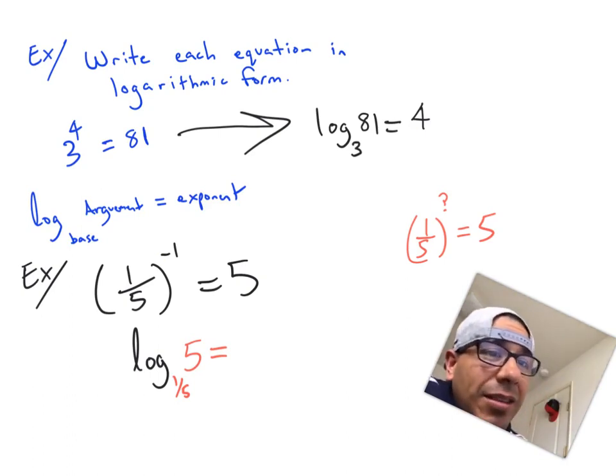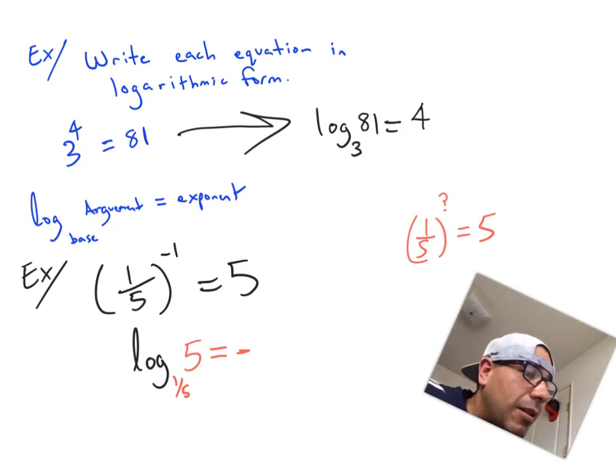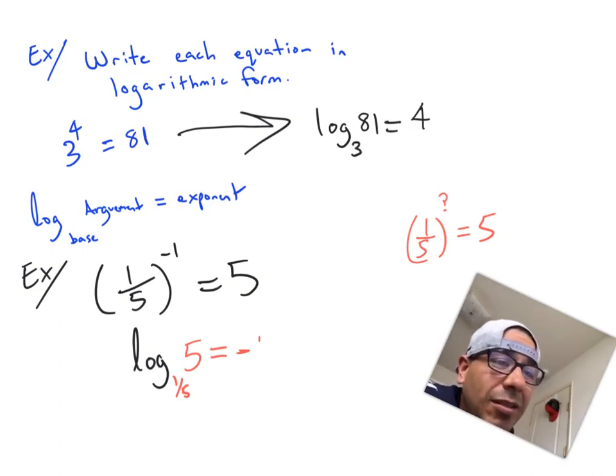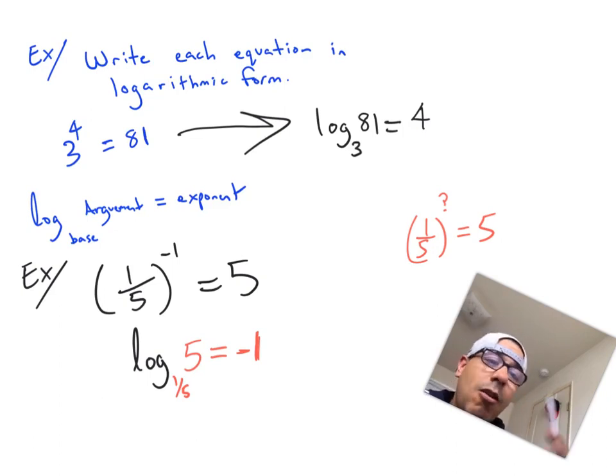Then I ask myself, 5 raised to what power gives me 5? That's why we see our answer being -1. So it makes sense. This now, my friends, is logarithmic form. Hopefully that makes sense.